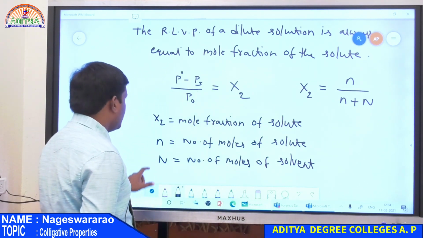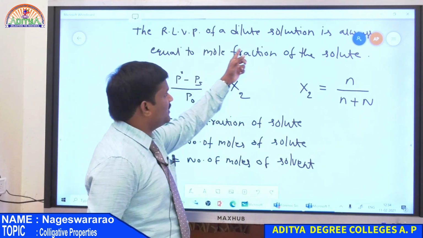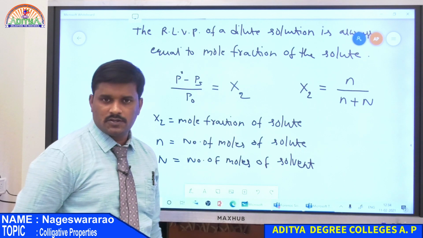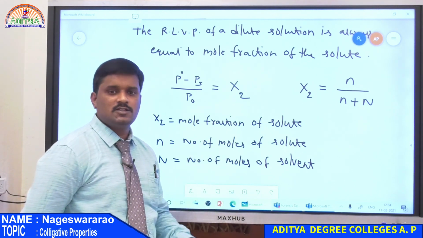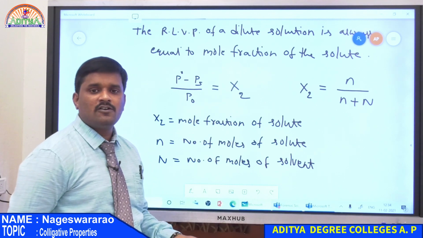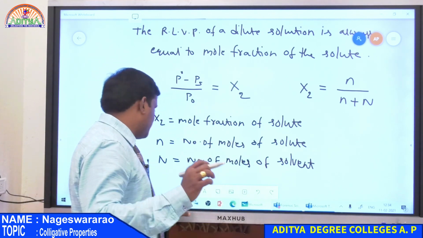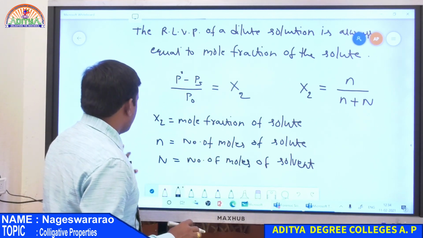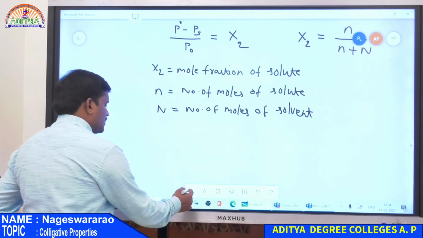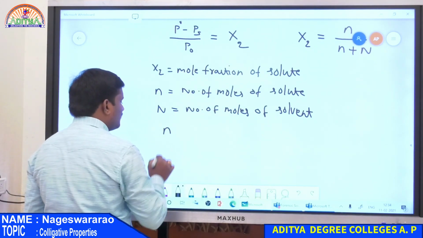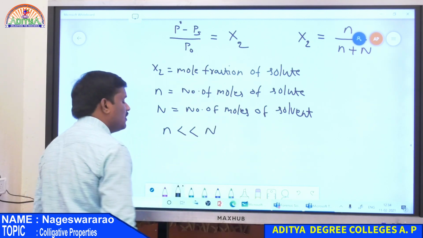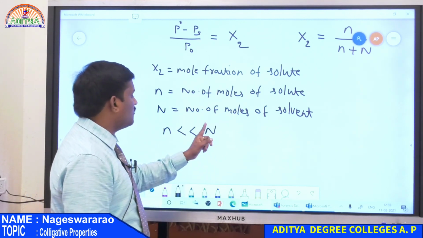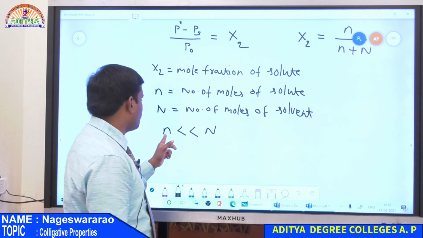But this is only applicable to dilute solutions. So what are dilute solutions? The number of moles of solute is always negligible compared to the number of moles of solvent. Therefore, if it is a dilute solution, the small n value is always less than capital N. The number of moles of solvent is greater than that of solute.